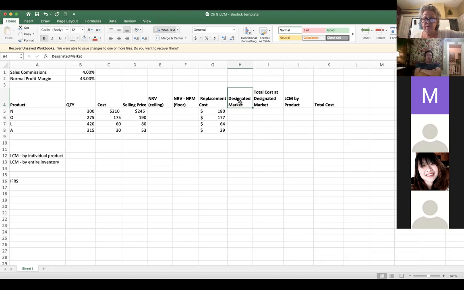The lowest that it will be is NRV minus NPM, which is normal profit margin. That's the reason we refer to it as the ceiling and the floor. So we need to calculate NRV, and NRV minus our normal profit margin.